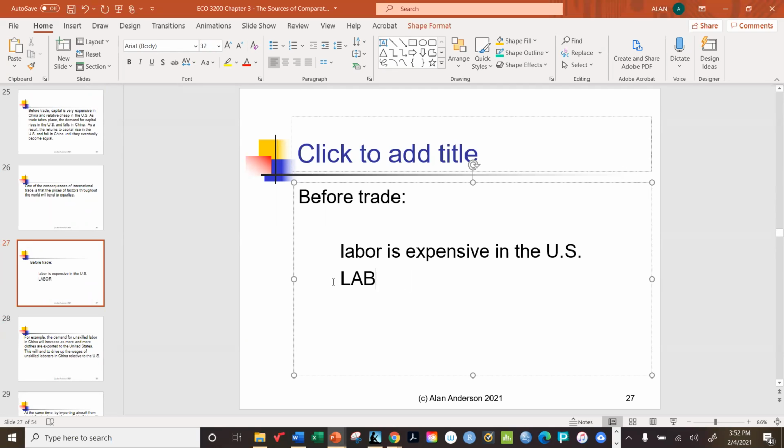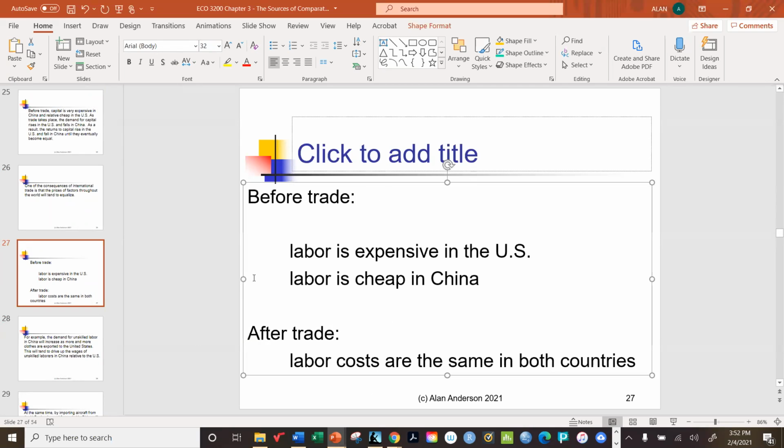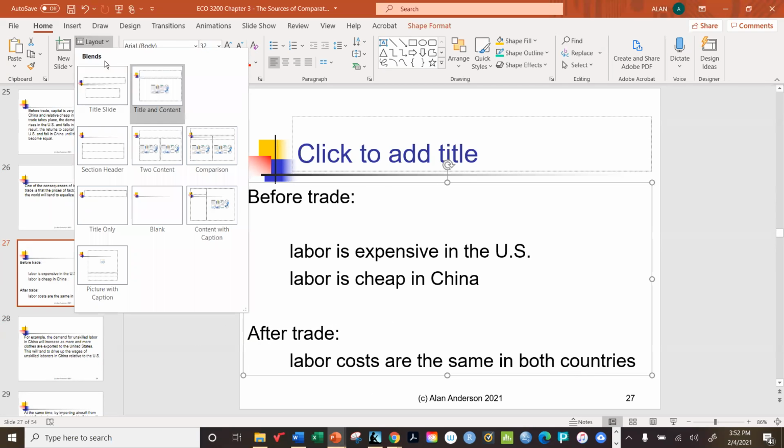Labor is cheap in China. After trade, and this is again according to the theory, labor costs are the same in both countries, or pretty close. Maybe not perfection, maybe it's not exactly the same, but it'll be very similar.